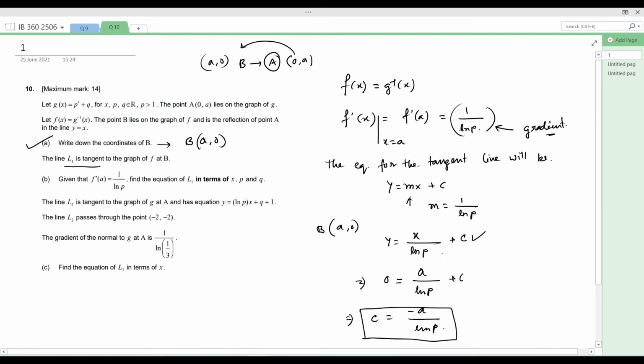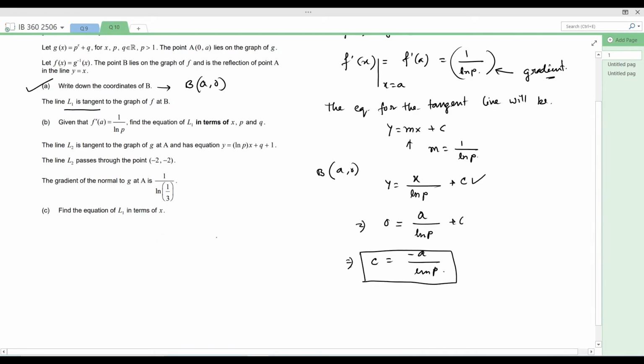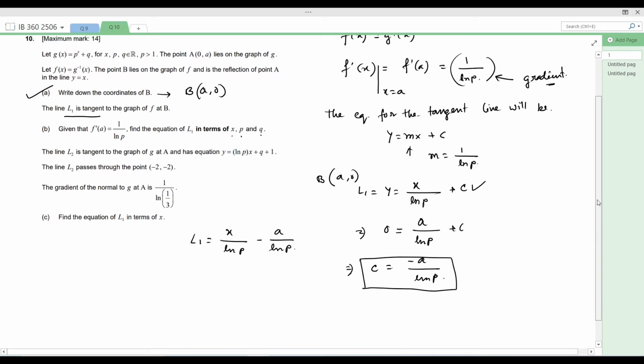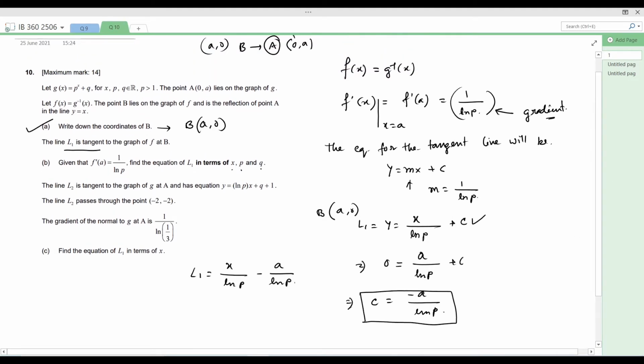Now we can easily find the equation of L1. L1 is y = mx + c, so x by ln p minus a by ln p. But we need to find it in terms of x, p and q. So how will we find the value of a? See here, g(x) = p^x + q, and the point A lies on this graph.